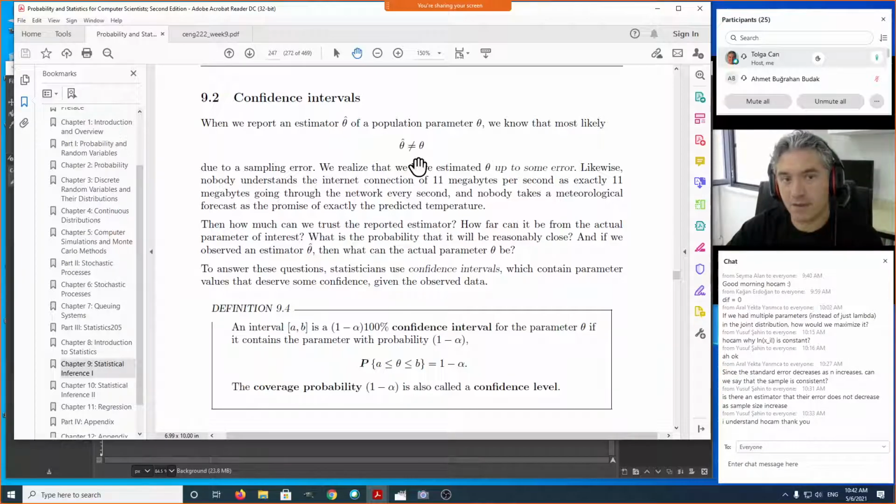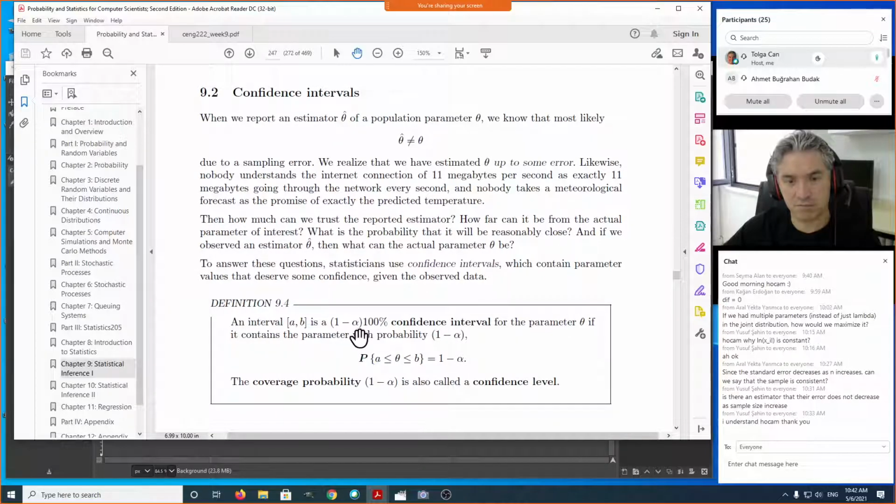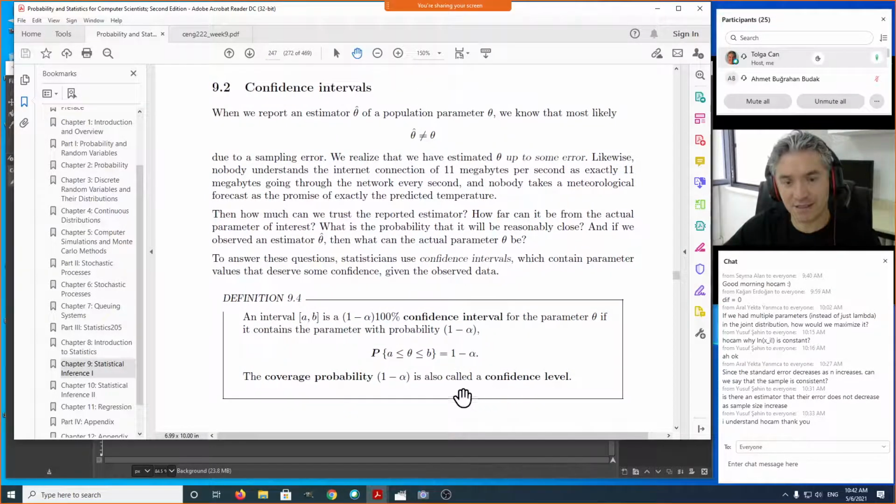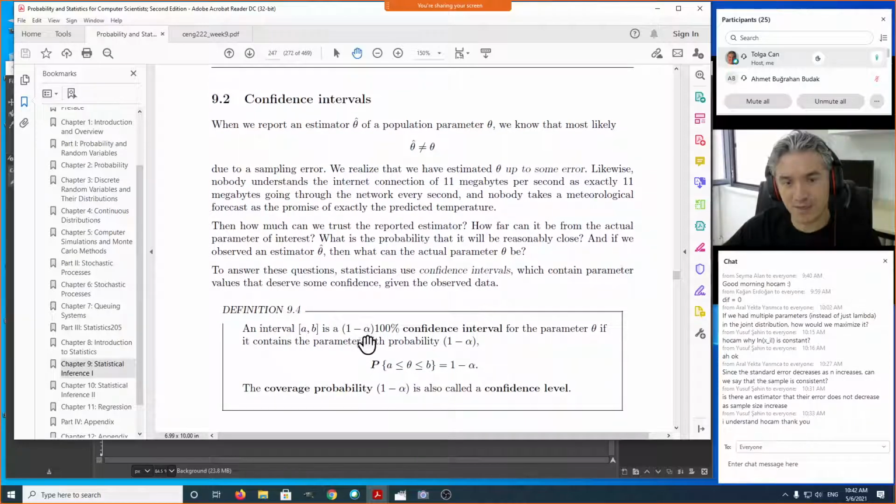For that, the confidence interval is the idea to enlarge your estimate to a region, to an interval, and associate some confidence with it. This confidence, one minus alpha, is called the confidence level. Alpha is going to be a small number here.